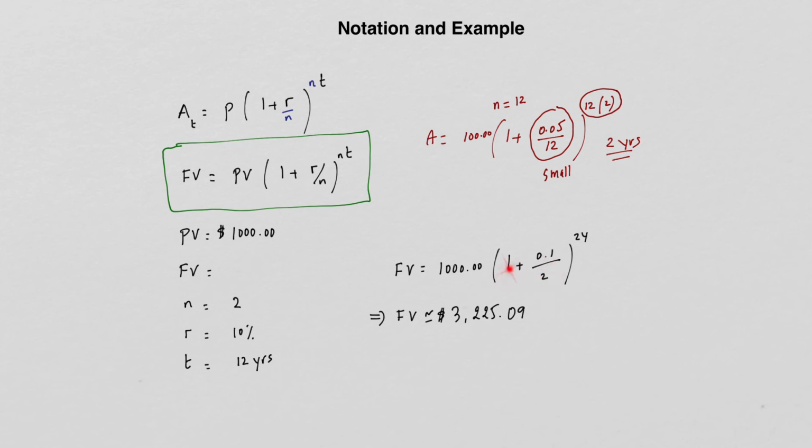Then you add 1 and then you press enter. Then you raise that whole thing to the power of 24. Then you press enter again. Then you hit it with 1,000 and then you press enter. And I got something like, if I remember correctly, 225,09988, something like this. Okay?